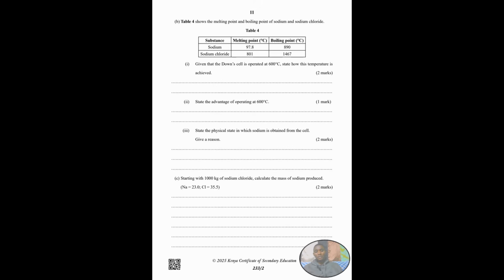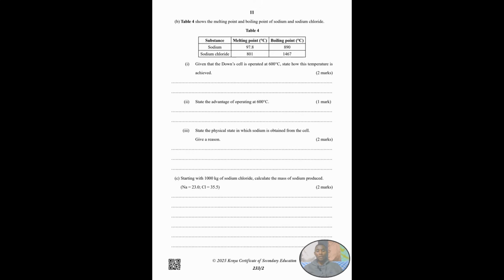As we understand the process of extracting sodium, we have sodium chloride, and we have calcium chloride, which is added to ensure the temperature is lowered to make the process a bit more economical or cheaper, because the process uses electricity and that may be very expensive.